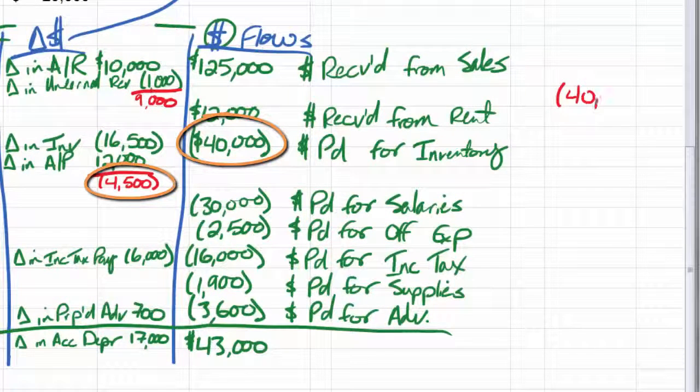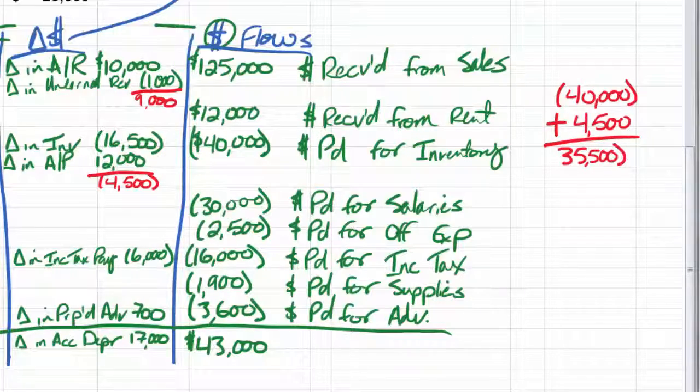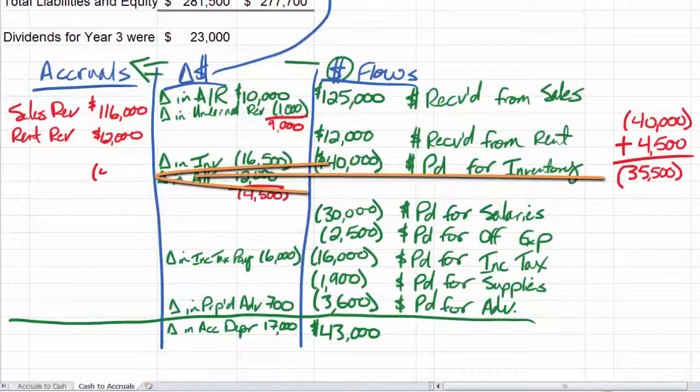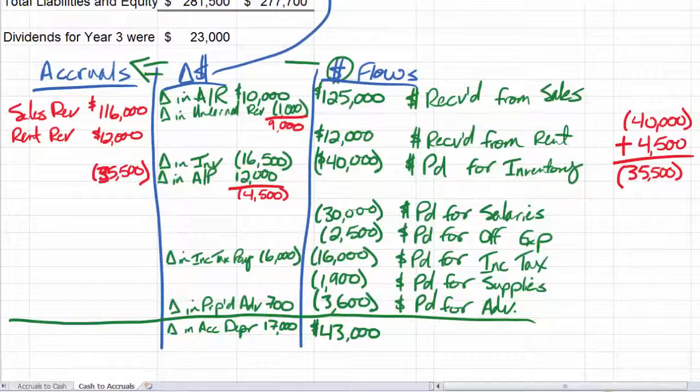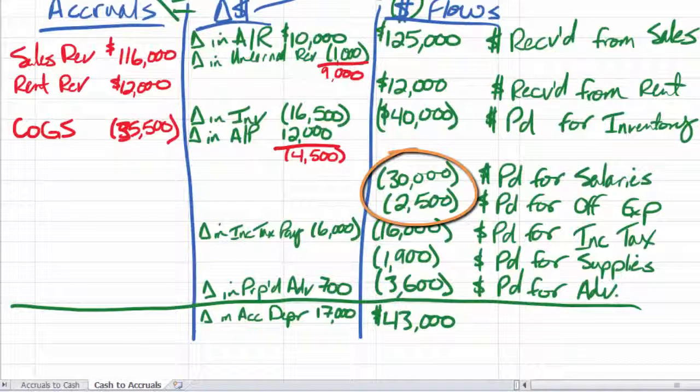I've got negative 40 minus a negative 4,500, which means my net amount, what shows up over here as cost of goods sold, is going to be $35,500 because of how those positives and negatives work. That makes sense?